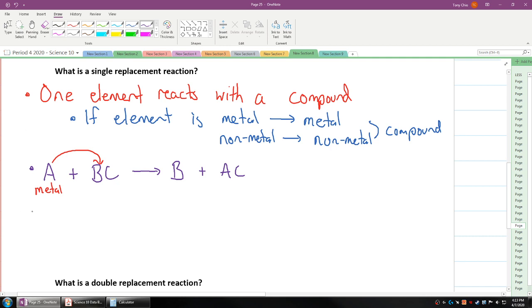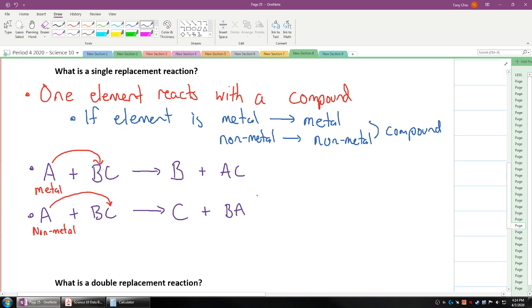If you write this again as A plus BC, if this time A is a nonmetal, it will now swap with C in the compound because C is a nonmetal. And thus this time you're going to get C kicked out and you're going to get B combined with A.